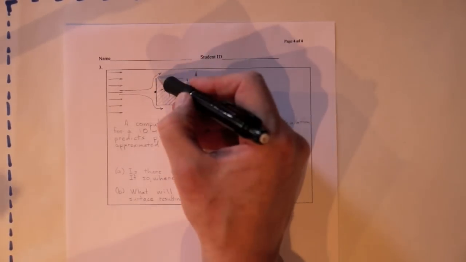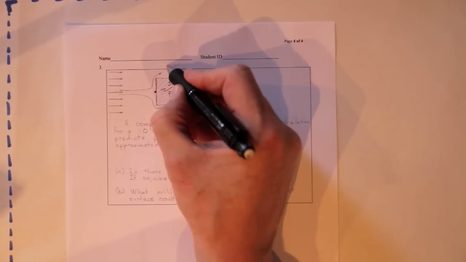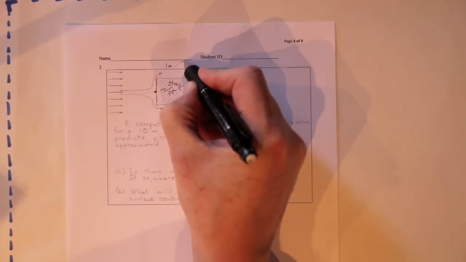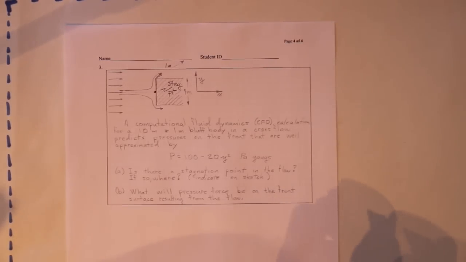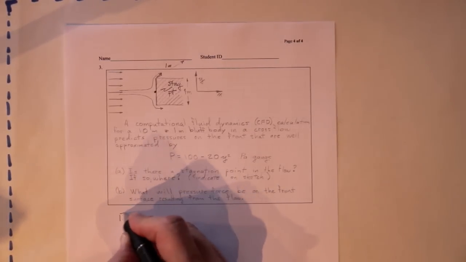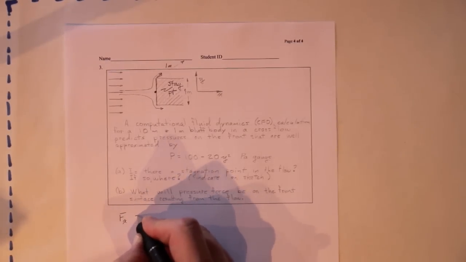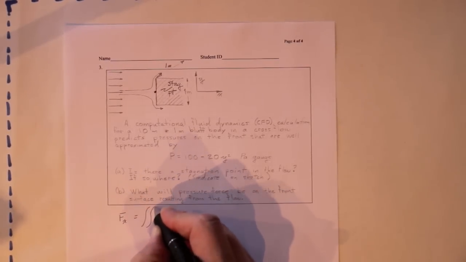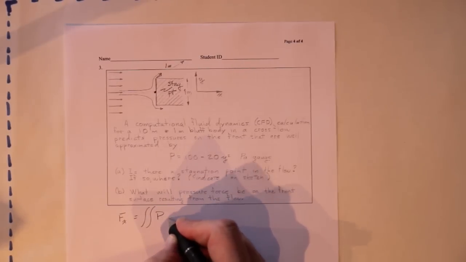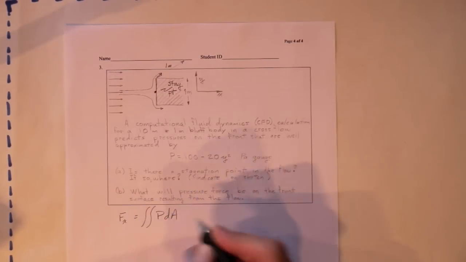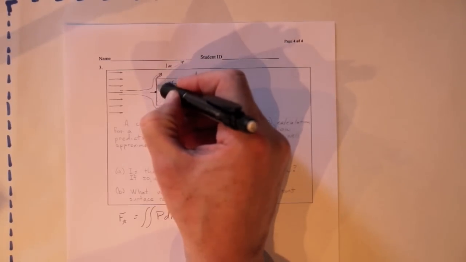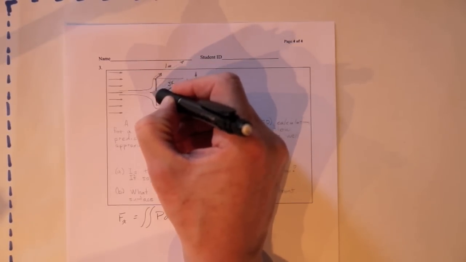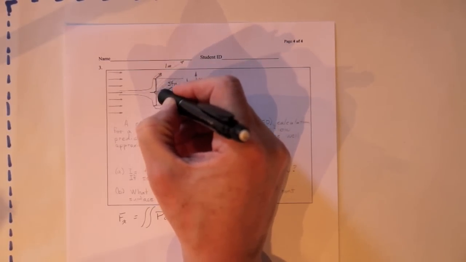So let's assume that it extends 1 meter into the page in this direction. It's 1 meter wide. Then I'll need to get the force in the x direction by integrating over the area, pressure times area. And in fact, I could just integrate over half of the area because the other half is going to have exactly the same contribution.